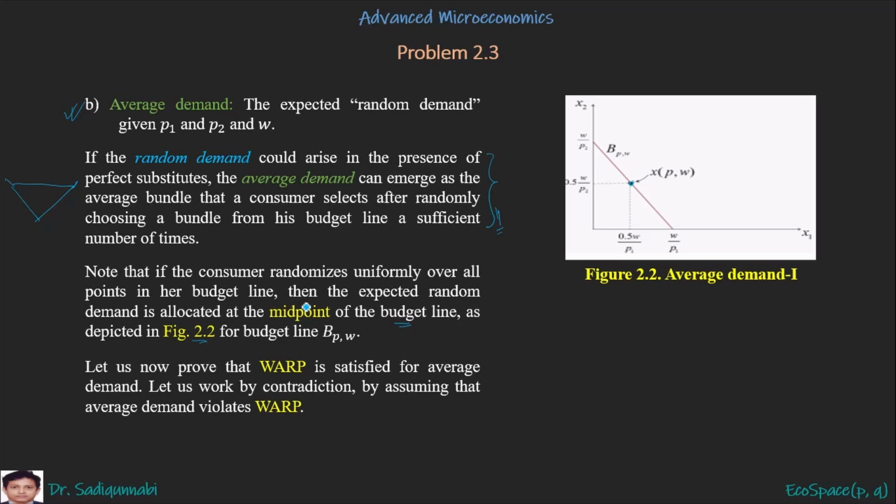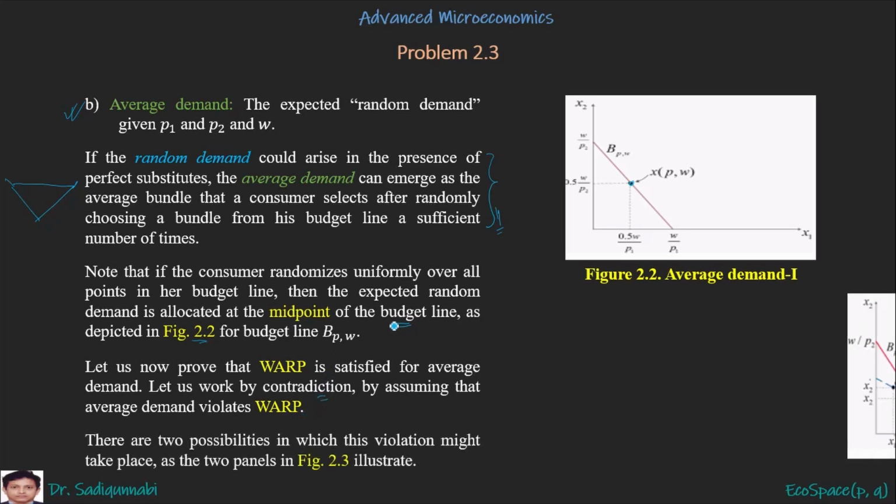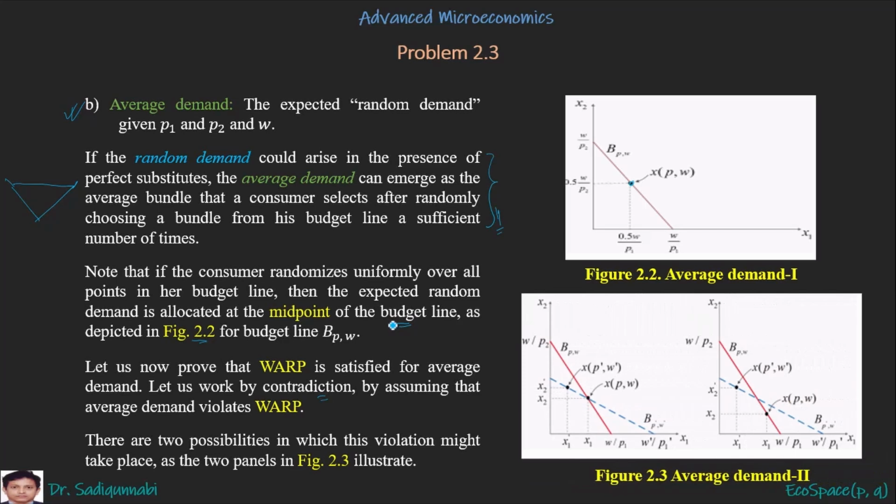To prove, let's work with contradiction, proof by contradiction, and assume that average demand violates WARP. So we can find two possibilities where that violation might take place.